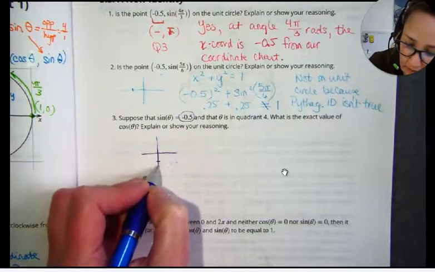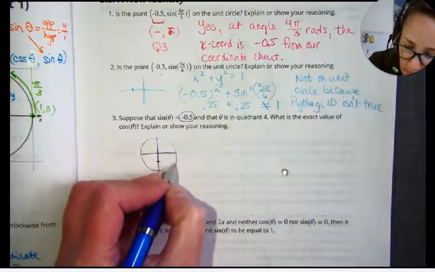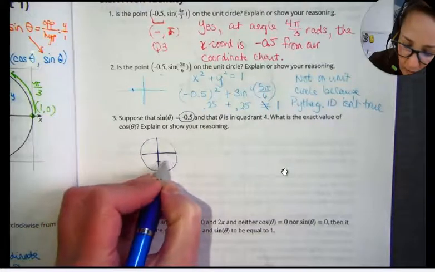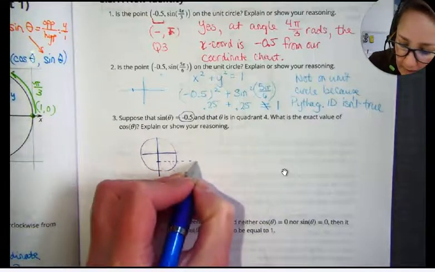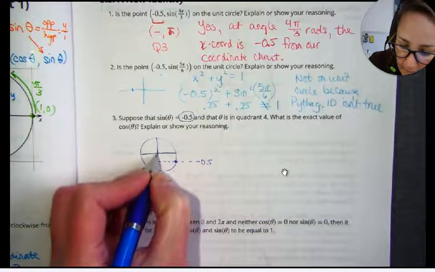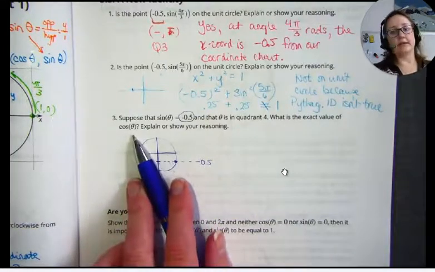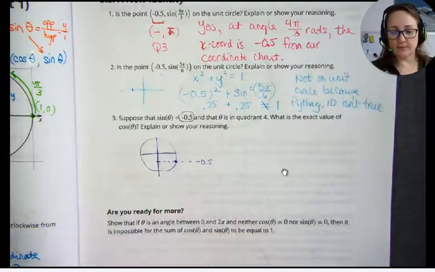So if our unit circle looks like that, we have our y coordinate at negative 0.5. What is the exact value of cosine theta? Explain or show your reasoning.